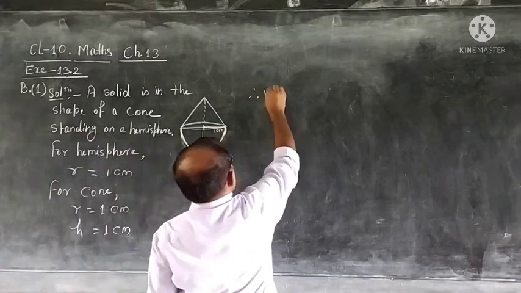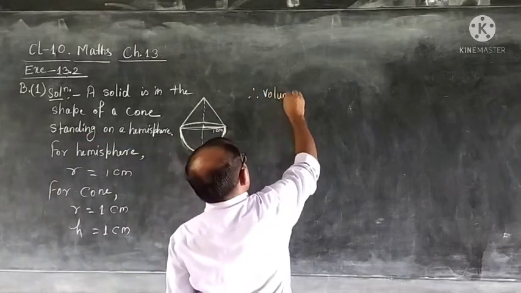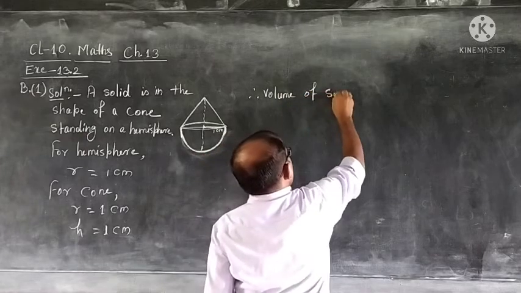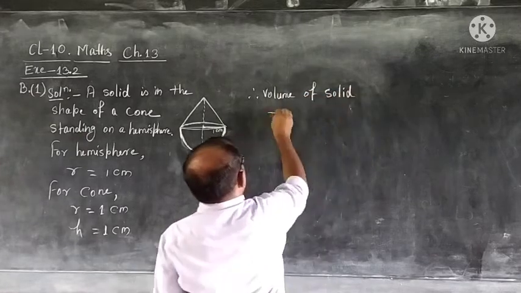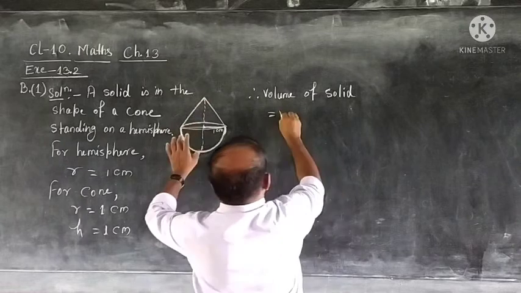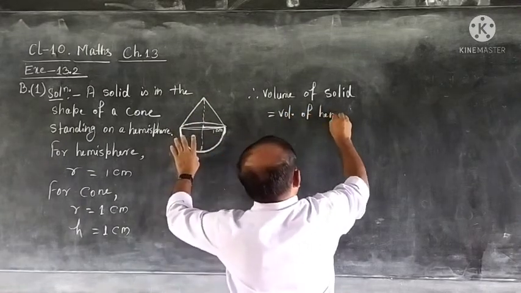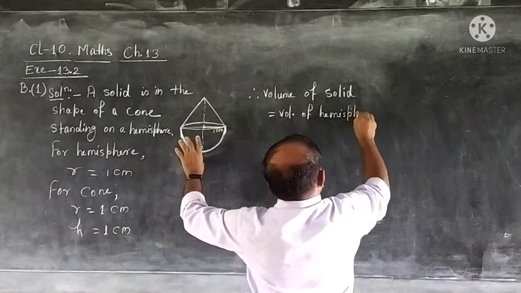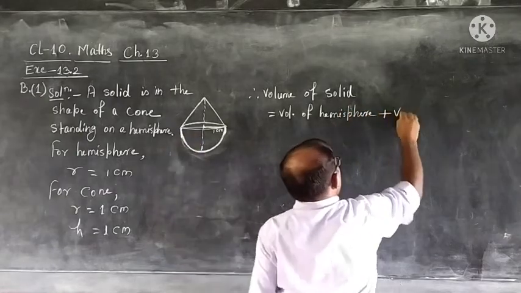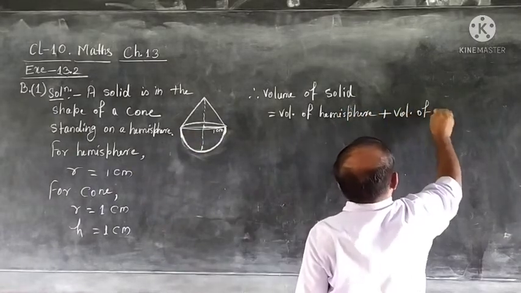Therefore, the volume of the solid will be equal to, there are two shapes, volume of hemisphere and another shape is cone, plus volume of cone.